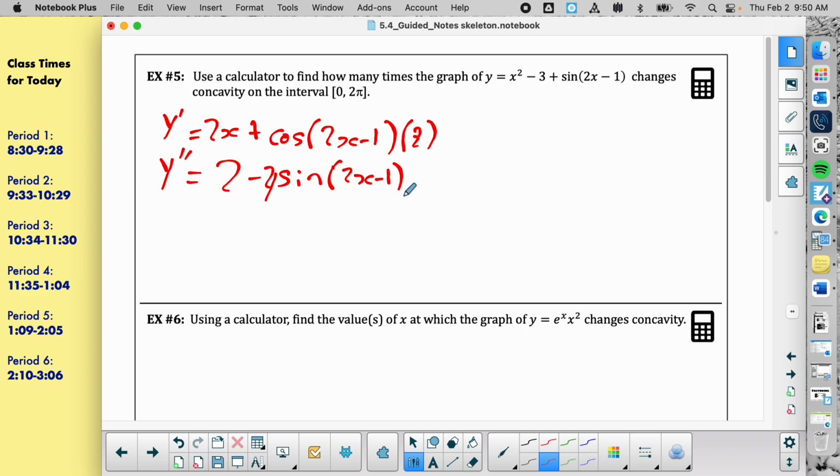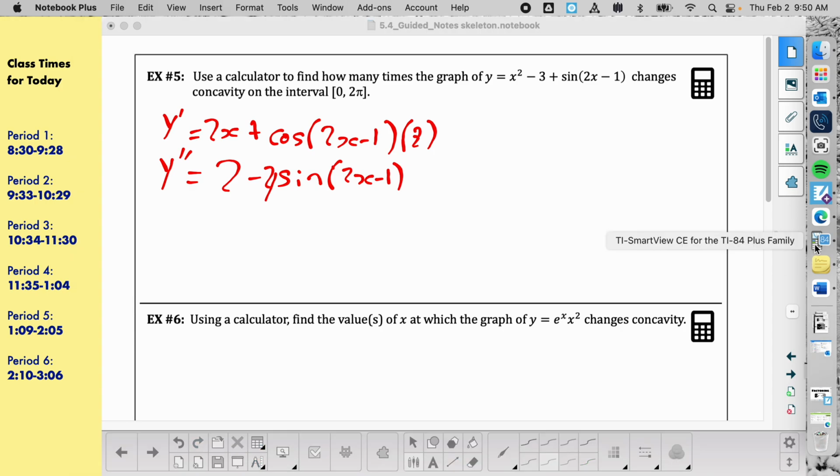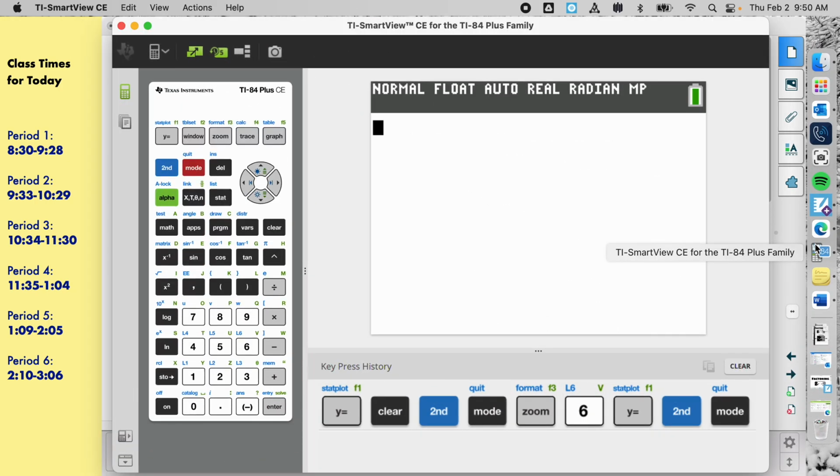So how do we do this on the calculator? Lucky for you. Here you go. I was hoping you could come up here and show everybody how to do it. That's the same as the one you're holding in your hand. I don't know how to find the zeros on the calculator.